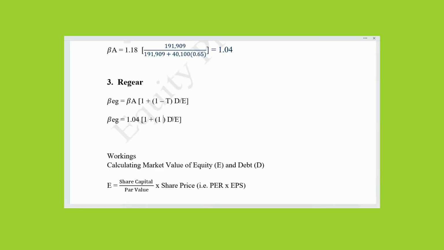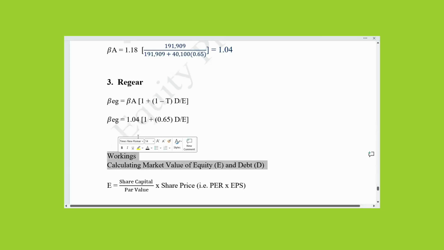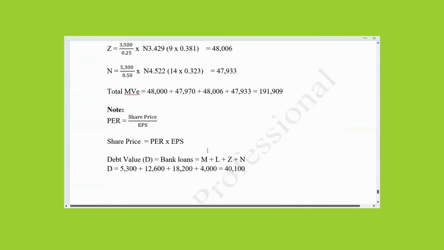We are given the same tax rates, so this is 0.65, since 1 minus 0.35 is 0.65. Then I need the debt equity proportion of Kilimanjaro. Kilimanjaro is the main company. Therefore, I need the value of equity and debt of Kilimanjaro. So let's go and work it out.